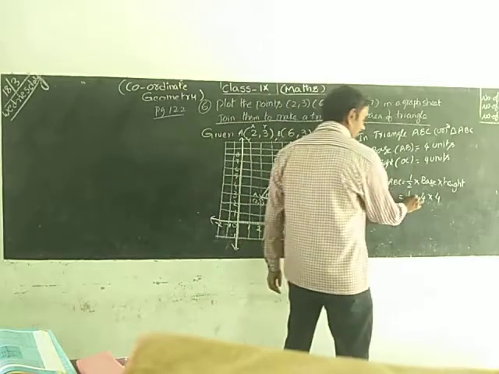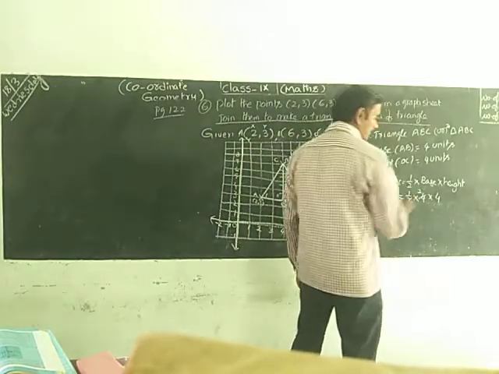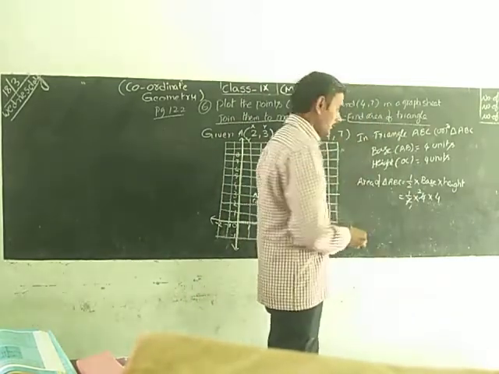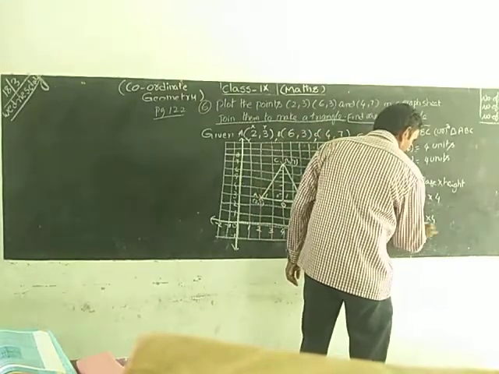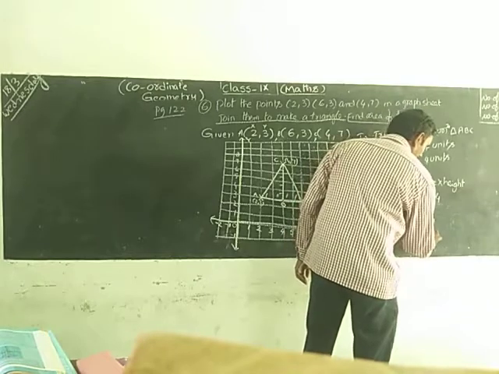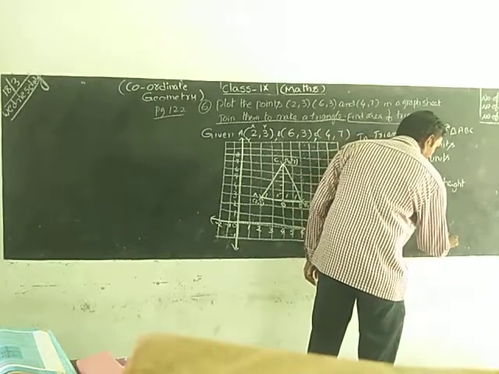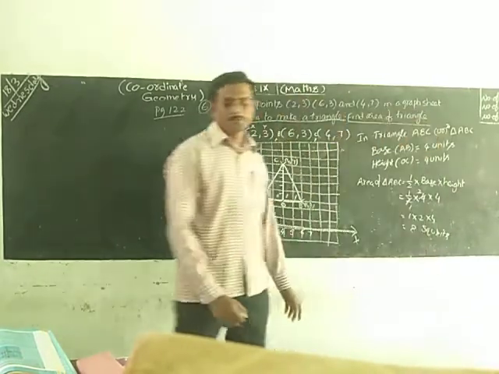Now cancel: 2 ones are 2, 2 twos are 4. What remains is 1 into 2 into 4, which is 8 square units. This is the completion.